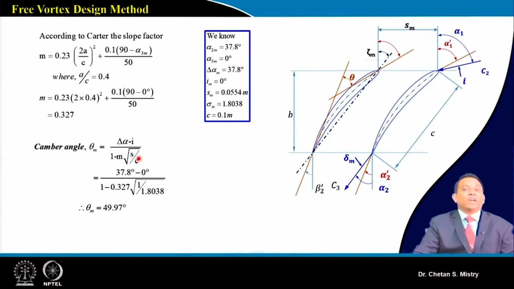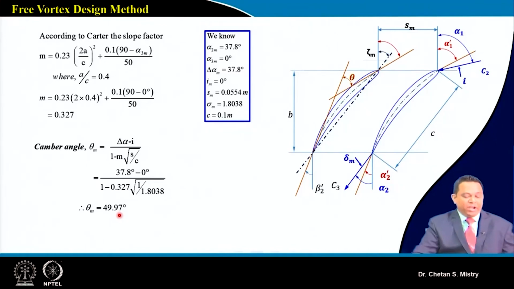Remember, we are discussing the design for the stator. This incidence is considered at the mid station. For the stator also we are assuming the incidence angle at the mid station to be 0, at the hub to be positive 2, and at the tip to be negative 2. If we assume this to be 0, my camber angle is coming 49.97 at the mid station.